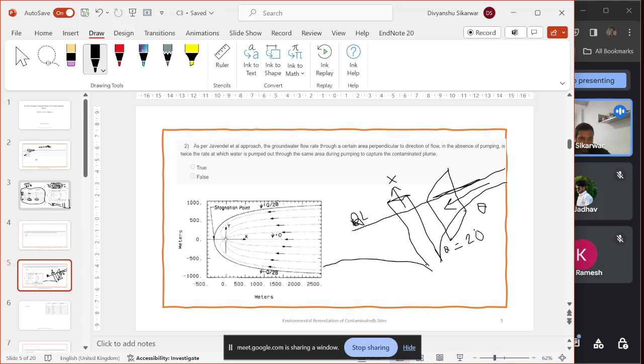So if this rate is QP and this is Q, then this Q is two times of QP. This question is suggesting this statement.